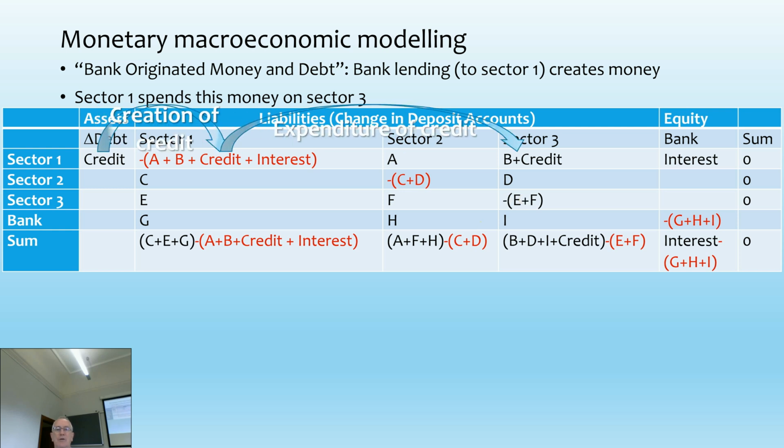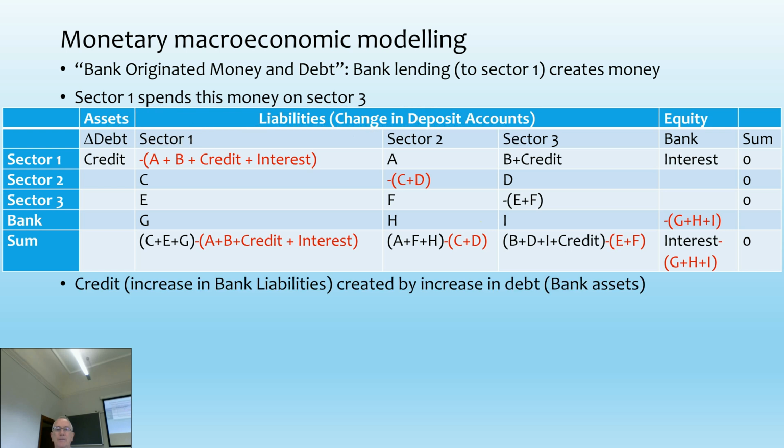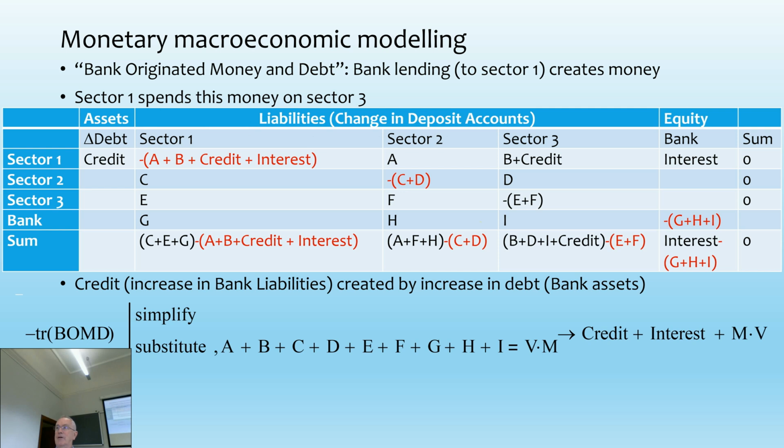There's your creation of credit, there's the expenditure of credit, and you do your trace and you find credit as part of aggregate demand and aggregate income. So it's all completely watertight logic in terms of expenditure being identical to income. So that is something which I proved.